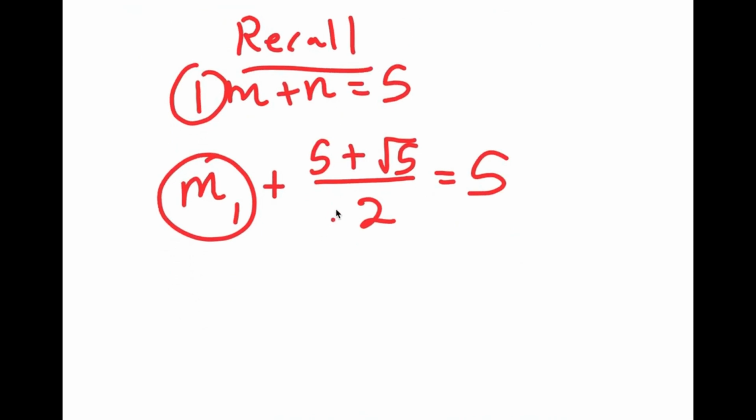So now, to solve this equation, what I'm going to do is subtract (5 plus the square root of 5) over 2 on both sides.